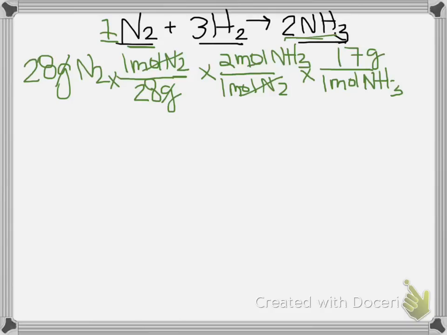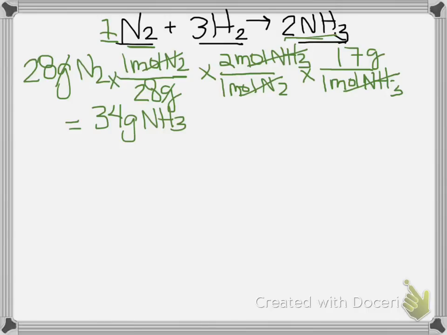So here we can cancel our moles. And if you perform all of the multiplication on the top and divide by the numbers on the bottom, you'll find a total of 34 grams of NH3, or ammonia.